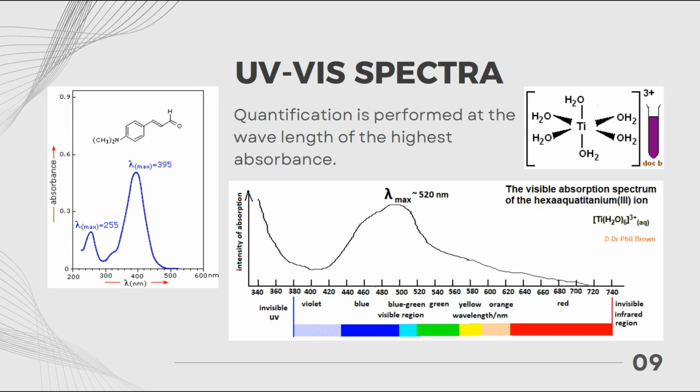You see that some spectra have specific maxima, because we are mainly interested in the maximal value, as we will use them later for quantification, because maxima will lead us to sensitivity.